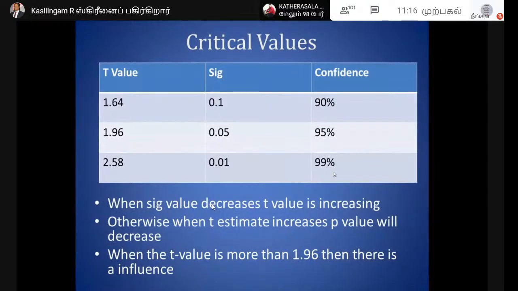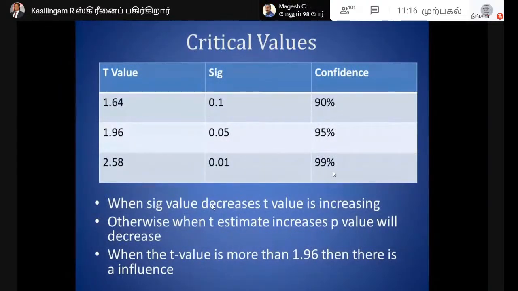When my significant value is 0.1, that is 10%, my t value in the table is 1.64. When my significant value is 0.05, the table gives 1.96. When the significant value is 0.01, the t value is 2.58.